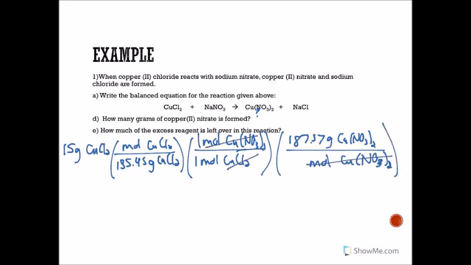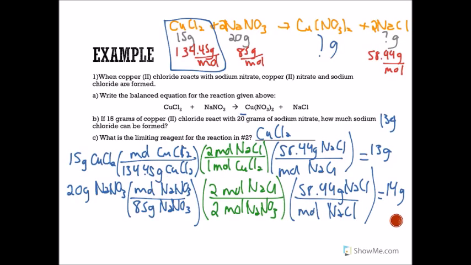And just double check to make sure everything cancels off, which it does. So how many grams of copper 2 nitrate is formed? We multiply this all out and we get 21 grams.